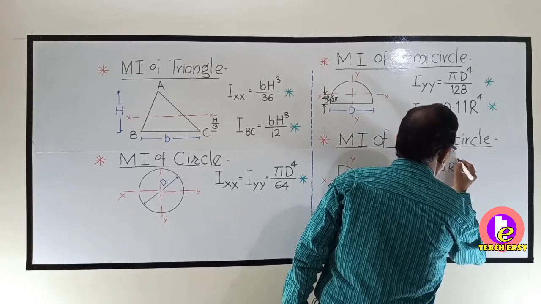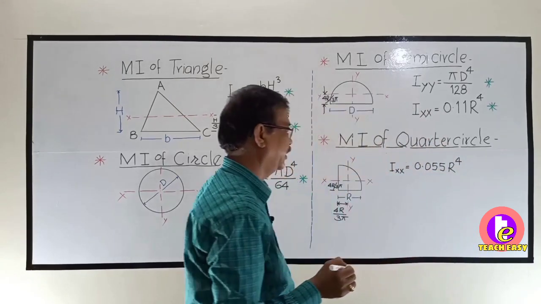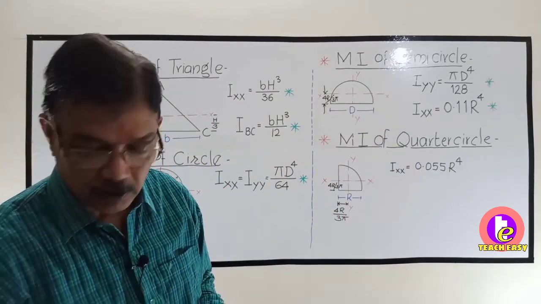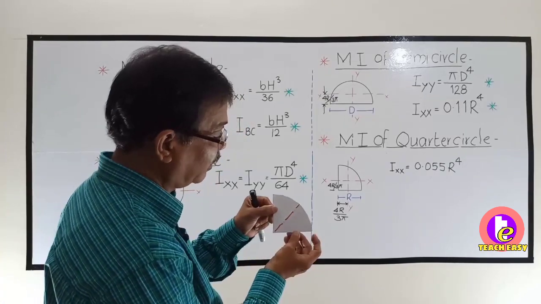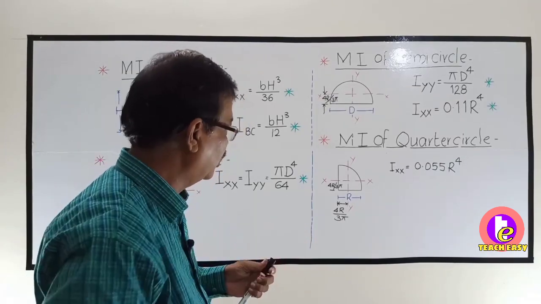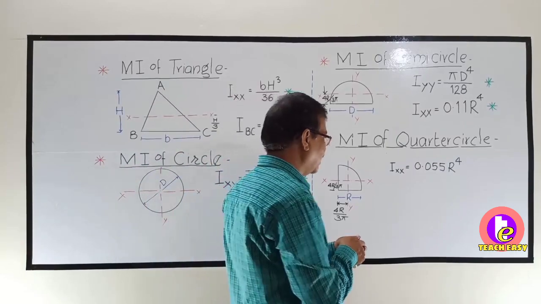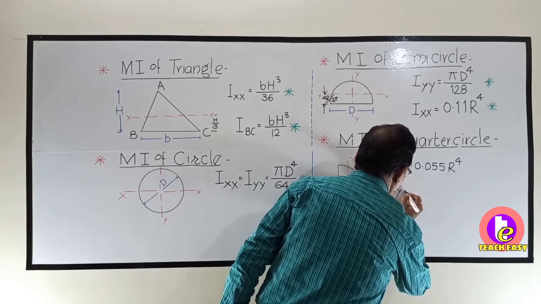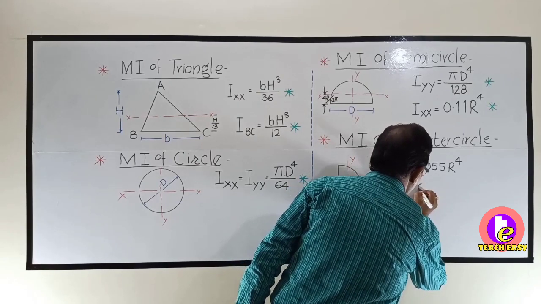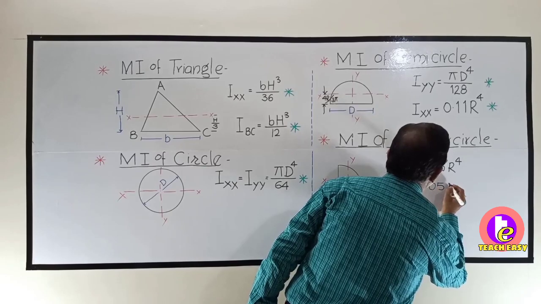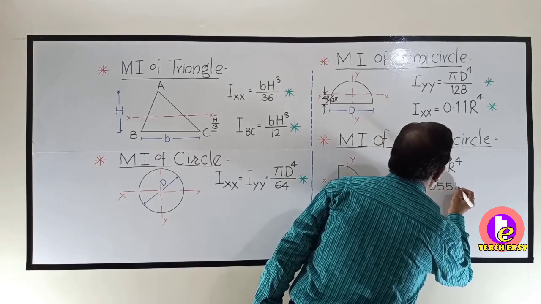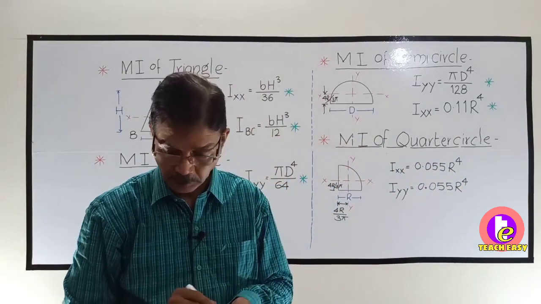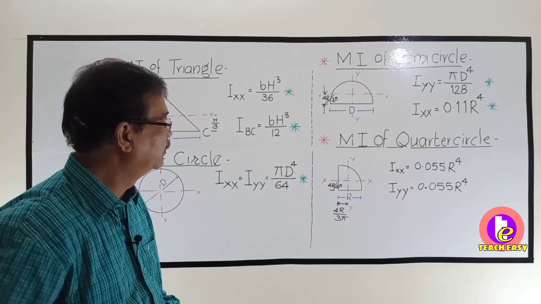r raised to 4. Now one thing you have to keep in mind, that just now I have told you this quarter circle is symmetrical about this axis. Therefore, Ixx and Iyy will be equal in this case. So Iyy will also be equal to 0.055 r raised to 4. So I will repeat once again.